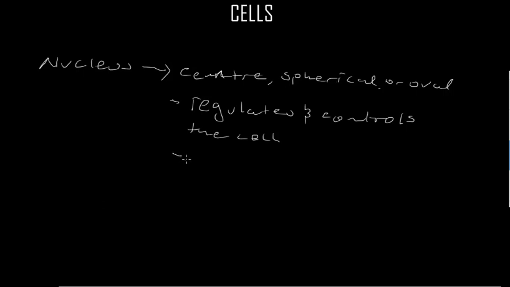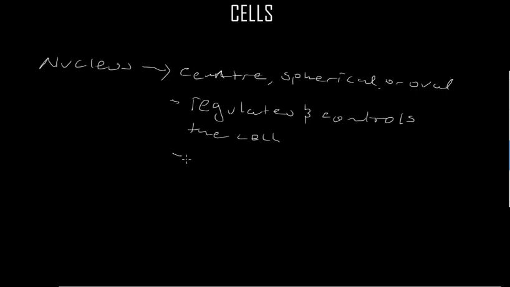The nucleus is what contains genetic material. I don't know if we understand the term genetic, but this is material that defines a cell. Not all cells are the same.